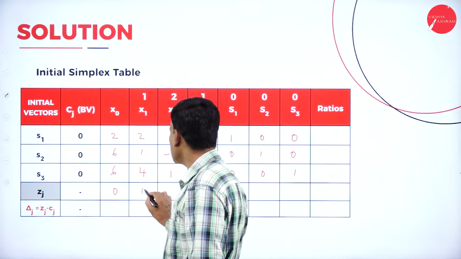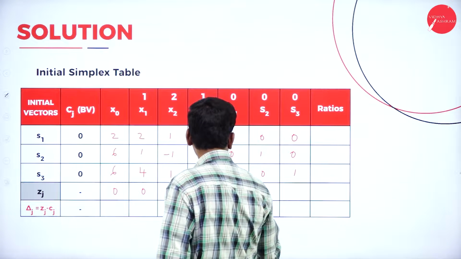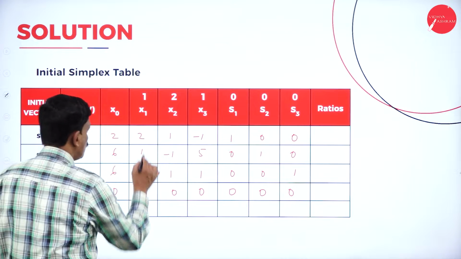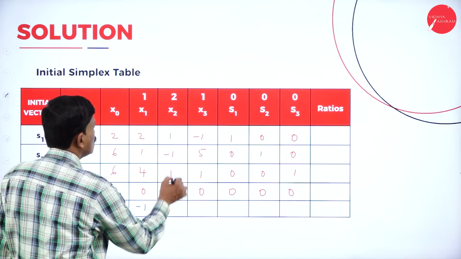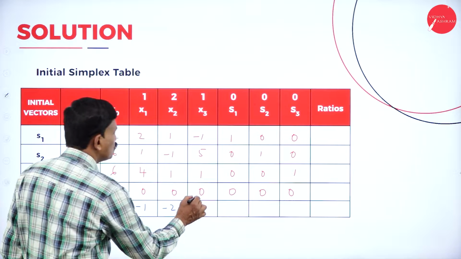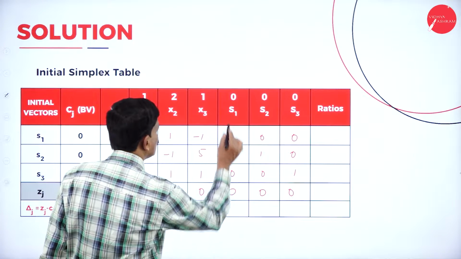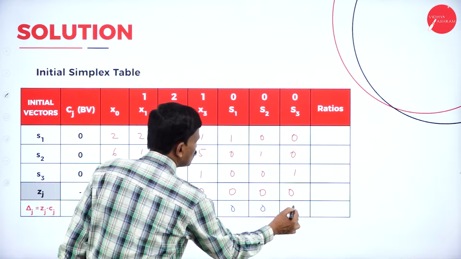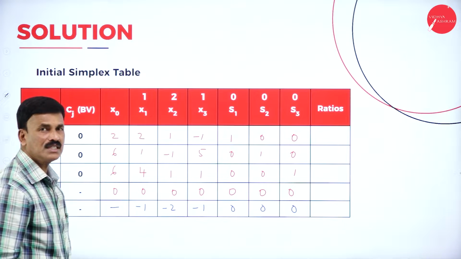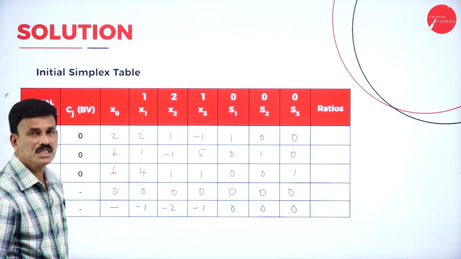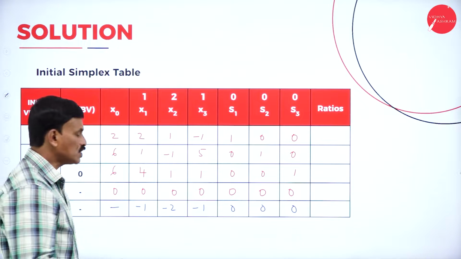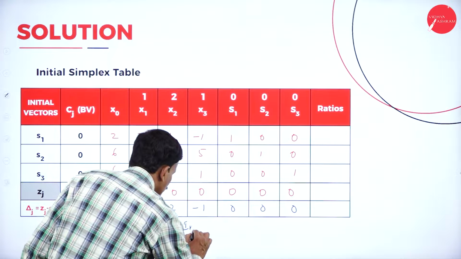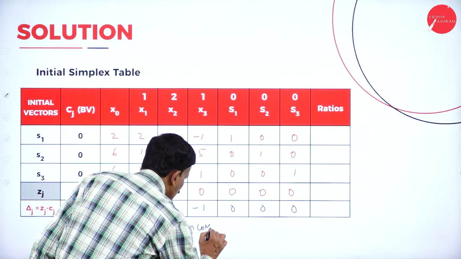So all these values are 0. Now subtract: 0 minus 1 is minus 1, 0 minus 2 is minus 2, 0 minus 1 is minus 1, 0 minus 0 is 0, and again 0. Now identify the least negative value in delta J. The least negative value is minus 2, therefore this is the incoming variable.